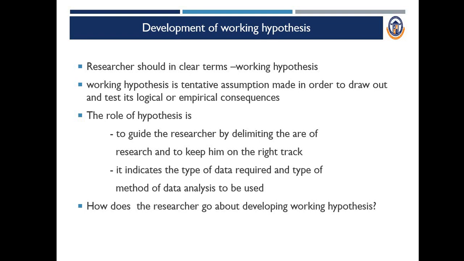To keep him on track, this research hypothesis is the blueprint for the researcher. It indicates the type of data required to be collected and studied, and the type of method of data analysis to be used. All these things are possible with the right kind of hypothesis.